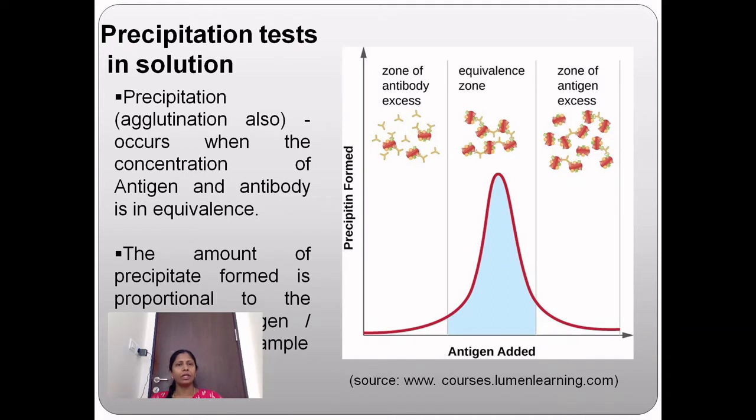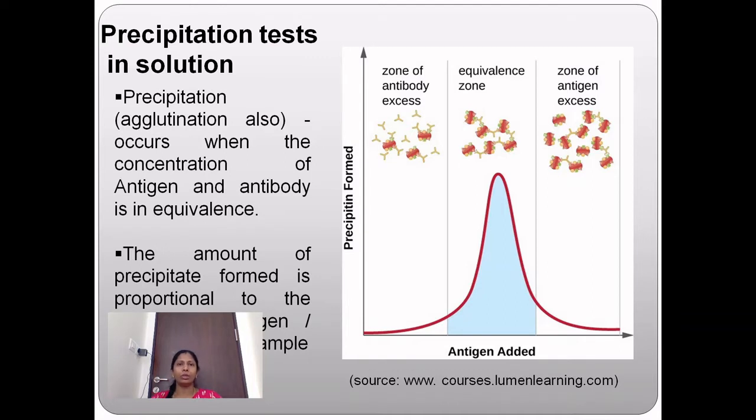Precipitation reactions in solution occur only when the antigens and antibodies are present in equivalent concentrations. This can be explained like this. Take a set of tubes in which a constant amount of antigen is added.